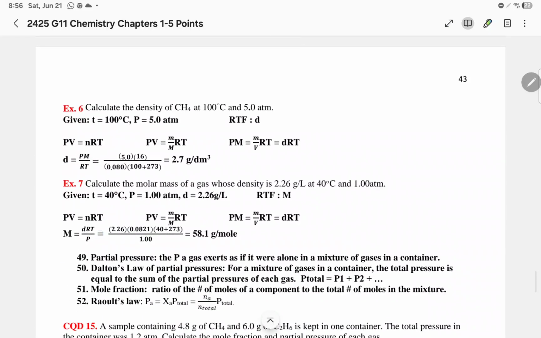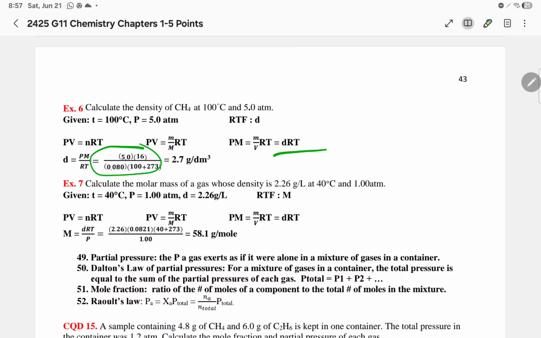Now calculate the density of CH4 at 100 degrees Celsius and 5 atmospheres. So PM equals dRT, so d equals PM over RT. I feel like I did this question a few minutes ago. Anyways, just substitute the values into your equation. Nothing hard here.